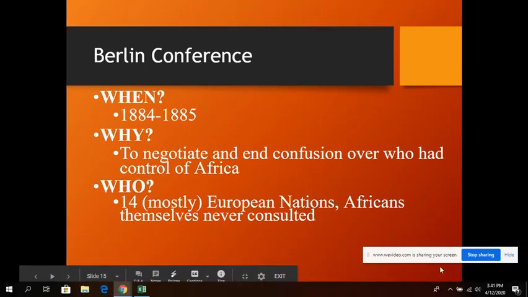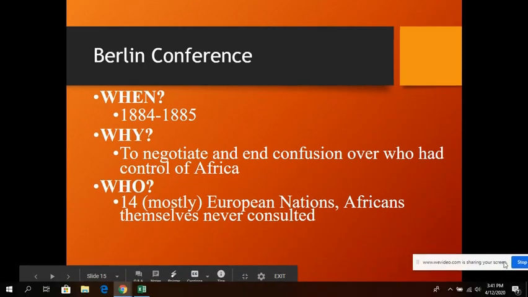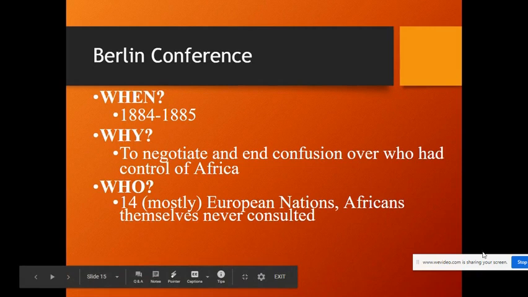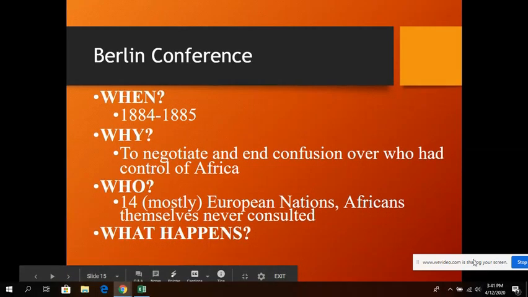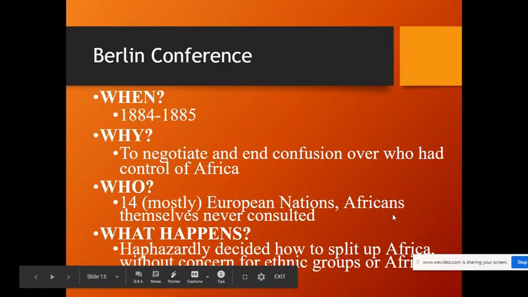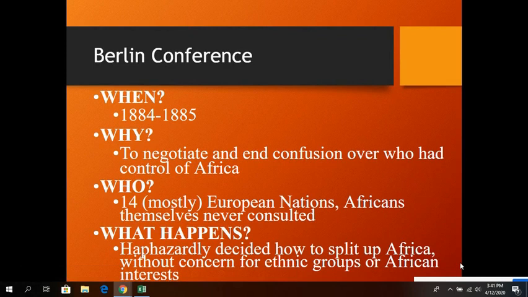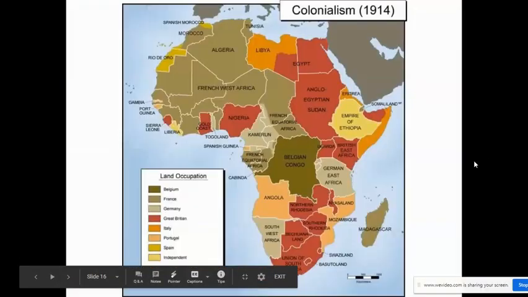However, the United States never did colonize any parts of Africa, and Africans themselves were never consulted. One of the major results of the conference was that Africa was haphazardly split up without any concern for the ethnic groups or African interests that were already there.